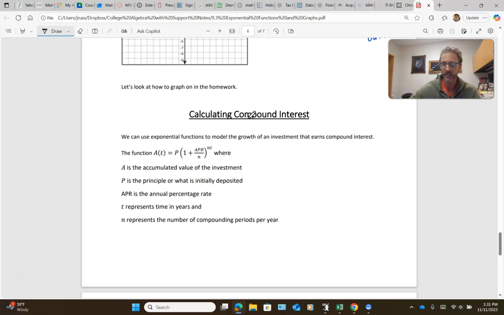Compound interest actually gets converted back to the principal, or the original amount, and then that new amount earns interest. So it's like we're investing an ever increasing amount, and that's earning interest.